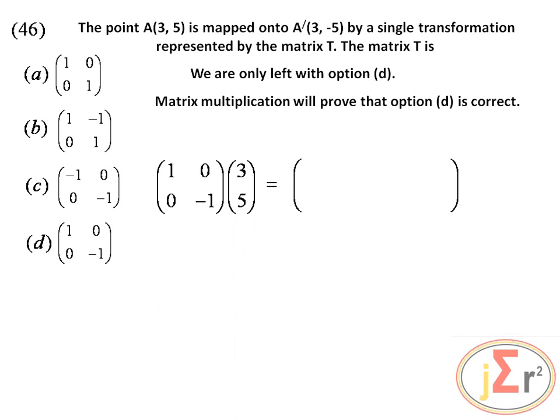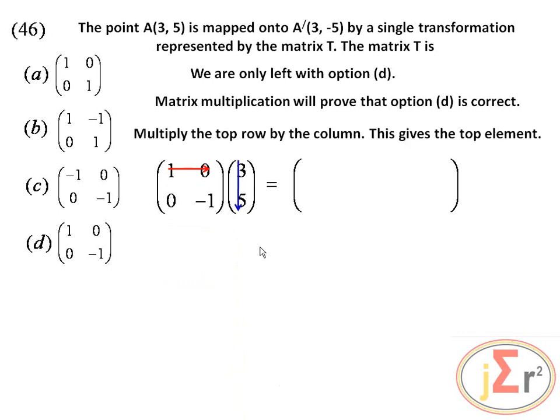So we are multiplying. What do we have? 1 multiplied by 3 and 0 multiplied by 5. We have row multiplied by column. There we are multiplying the top row by the column, and this will give the top element of the resulting matrix.